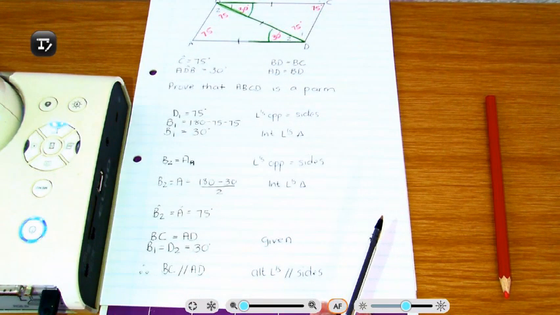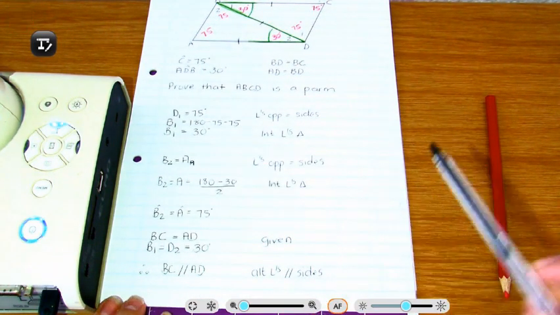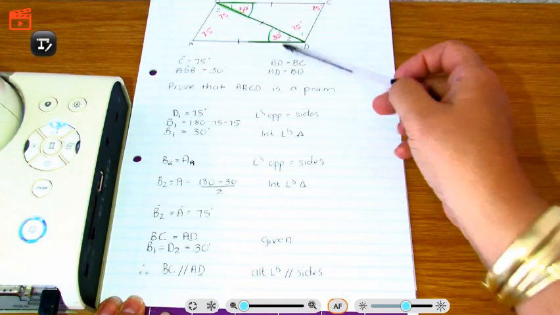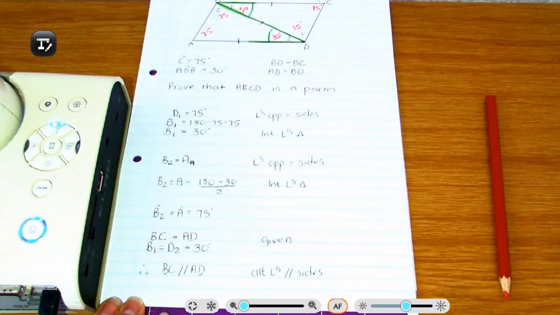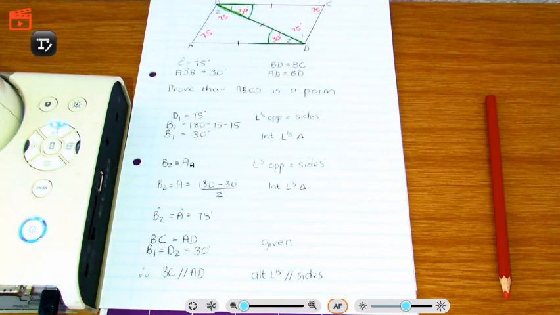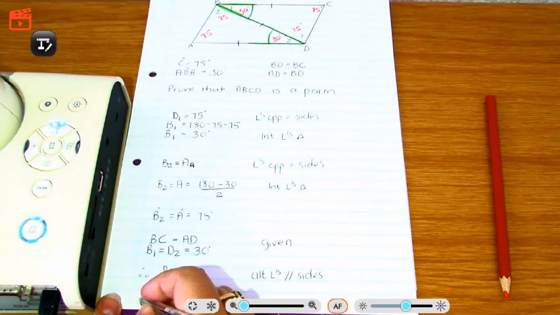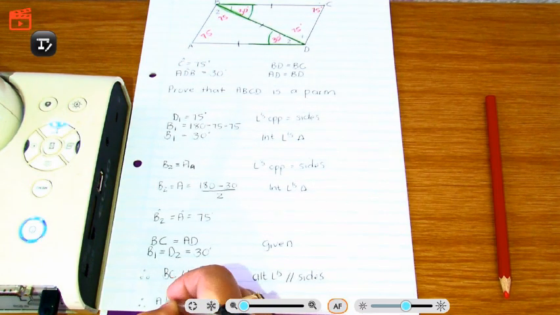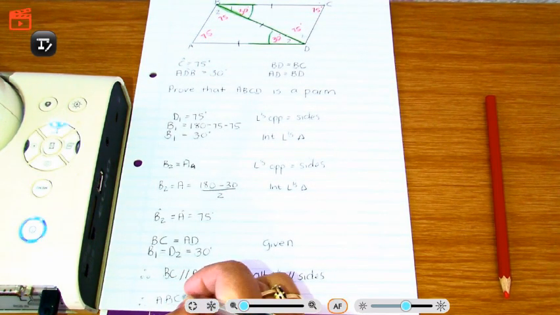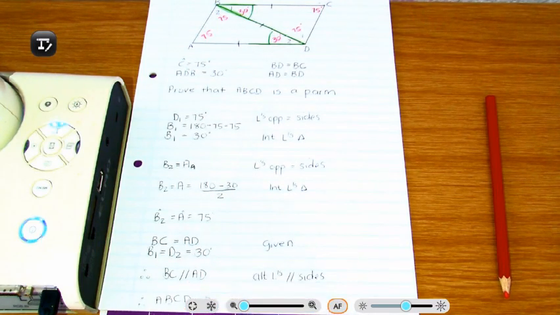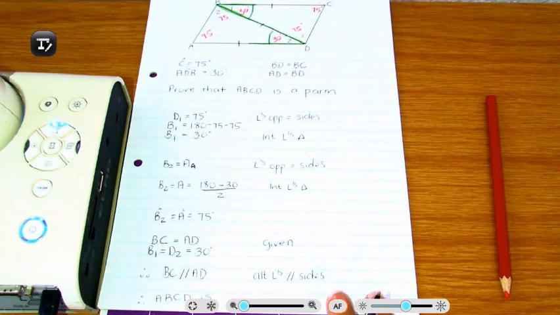Okay, and then now what we've done is we've proven that they are equal in length, and we have proven that they are parallel, so that is enough to prove that ABCD is a parallelogram. So then you would then say therefore ABCD is a parallelogram.